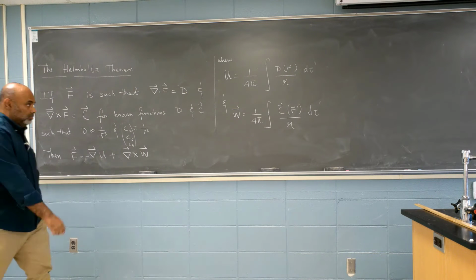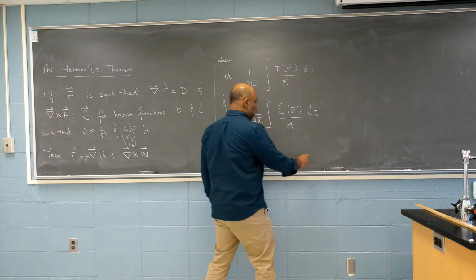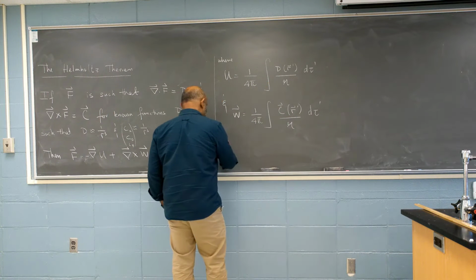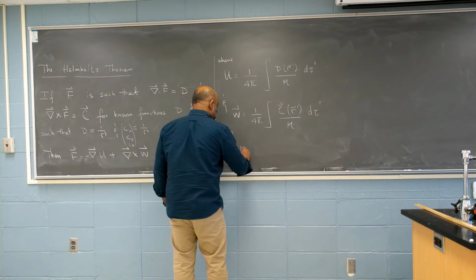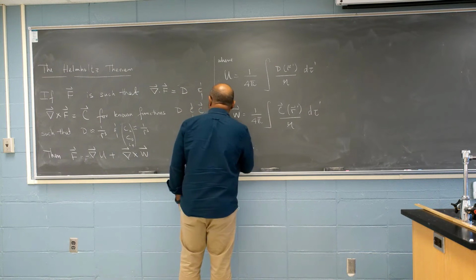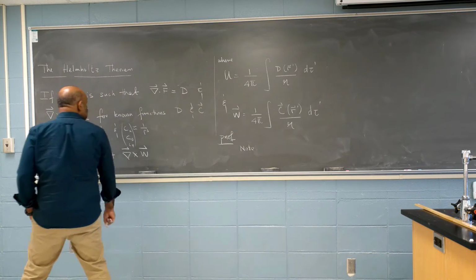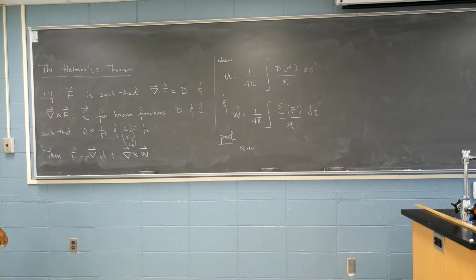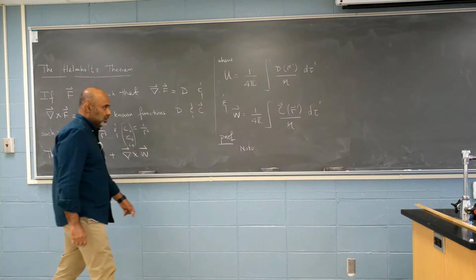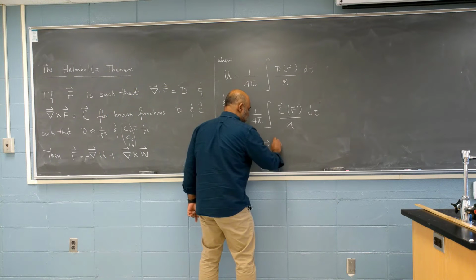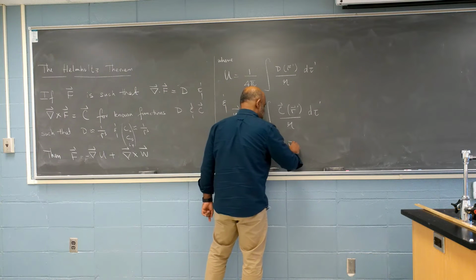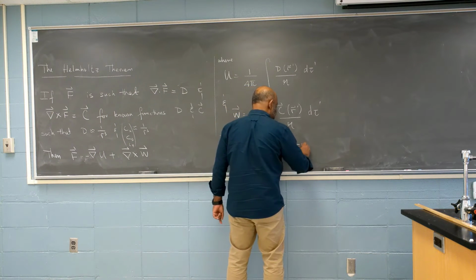That's the theorem. Okay, so we need to prove it. So proof. Just a quick note. The divergence of a curl of a function is 0. Divergence of the curl of a function equals 0.